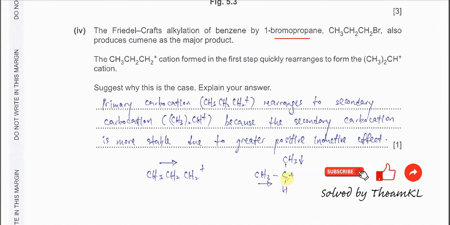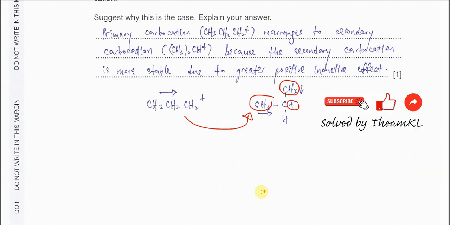Whereas this secondary carbocation is bonded to two alkyl groups, these two methyl groups, and it has a greater positive inductive effect. So it is going to be more stable, meaning the positive charge here is lesser. Because this one is more stable, it is going to form more. That's why the primary one rearranges to form this secondary carbocation.